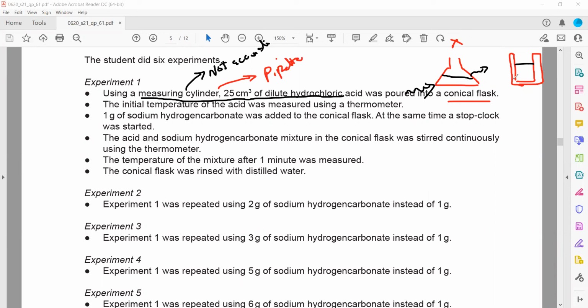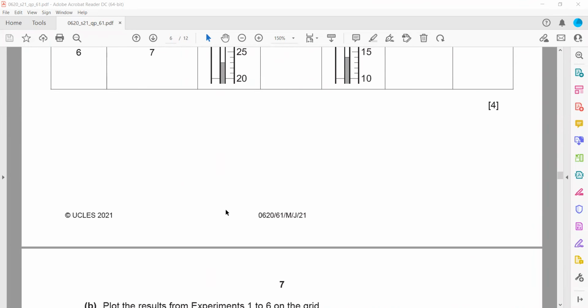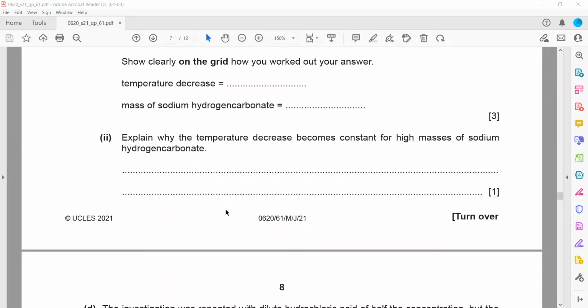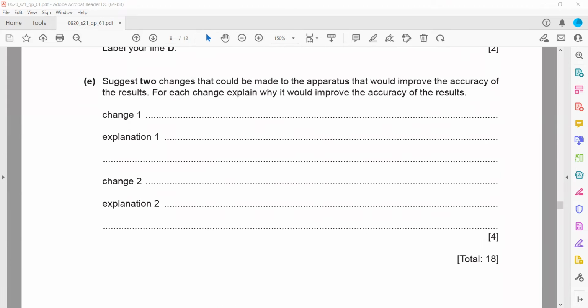So what is the best apparatus whenever there is a temperature change during a reaction? We prefer to use a polystyrene cup. So the 2 changes we should make to the apparatus: instead of using a measuring cylinder, we should use a pipette or a burette, which is more accurate. And the second, we can use a polystyrene cup, which is an insulator, does not allow the heat to transfer.